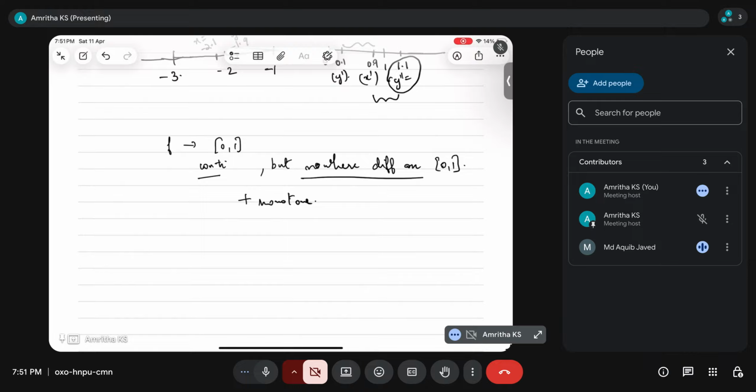Continuous plus monotone. So a monotone function.